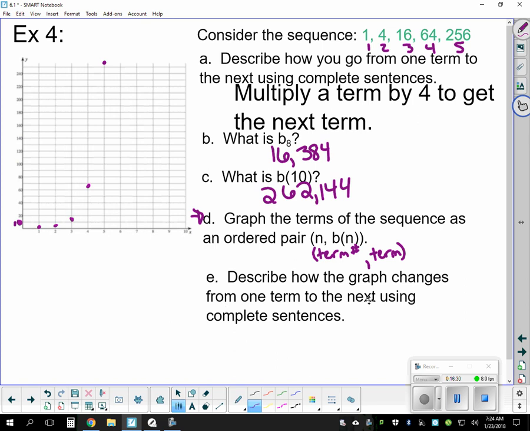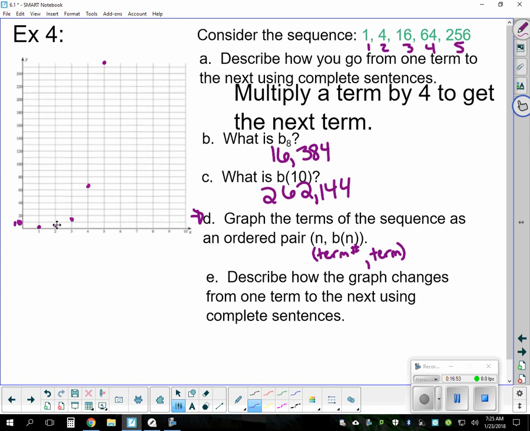We already did our graphing. Describe how the graph changes from one term to the next using complete sentences. Okay, so if you look at this one, if you imagine connecting these, or if you're looking at rates of change, is the rate of change constant? Definitely not, because at first you're just increasing a little bit, but then you end up with these big jumps. So the rate of change is definitely not constant.